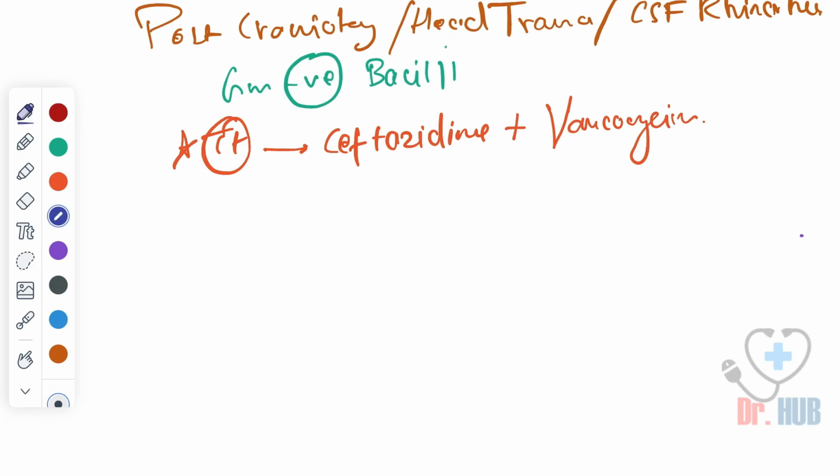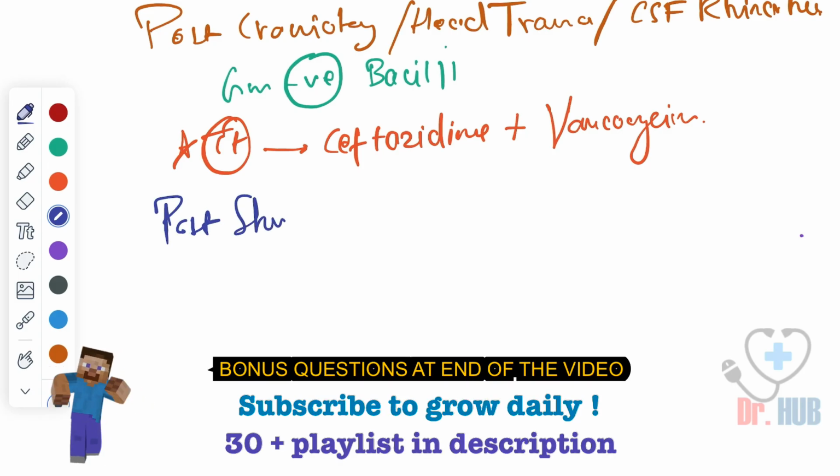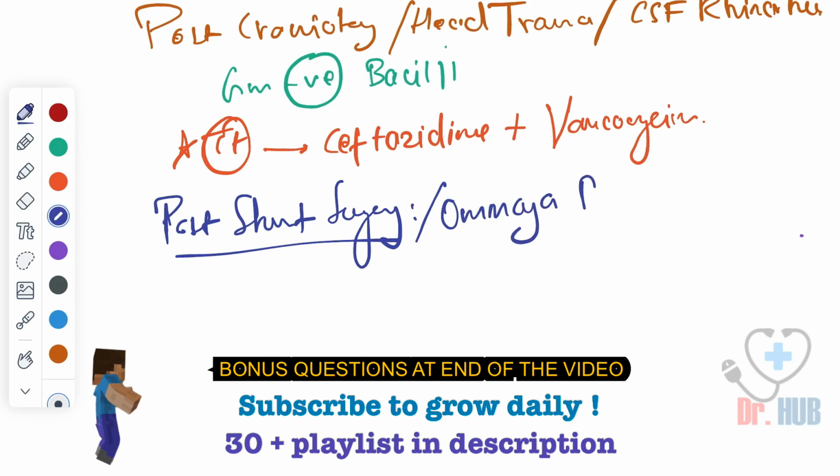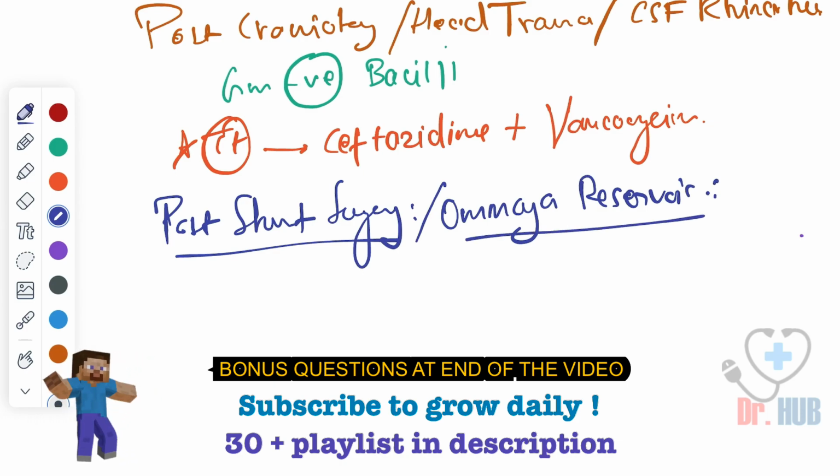Next we look at post-shunt surgery, also known as the Ommaya reservoir. In such a case, what are the organisms?